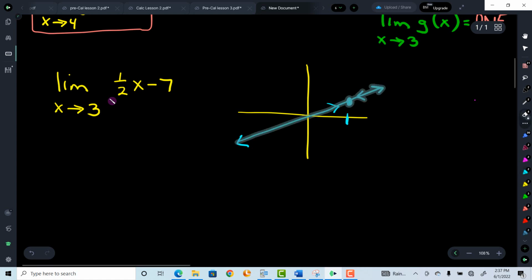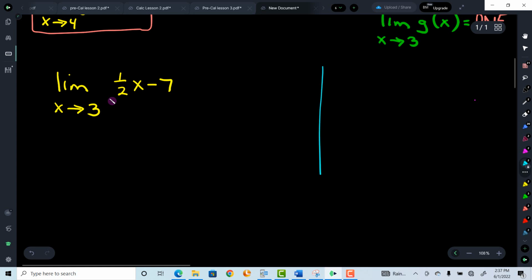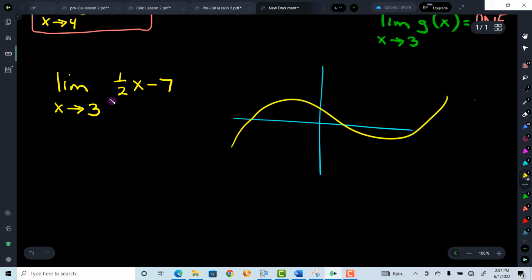The same thing happens with what we call continuous polynomials. Whatever's happening from the left will also be approaching the same value from the right.